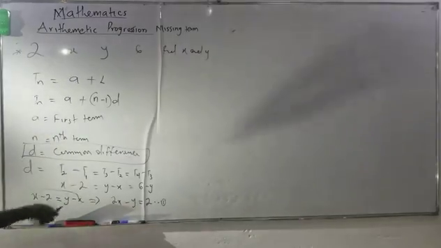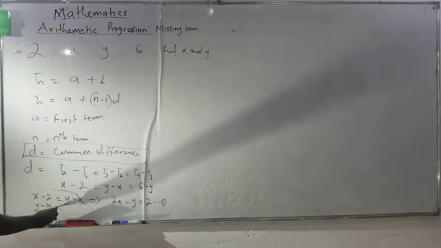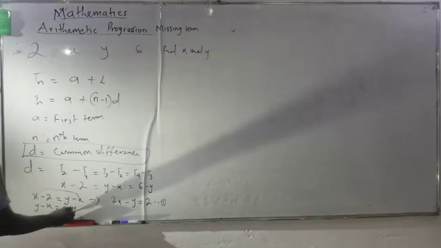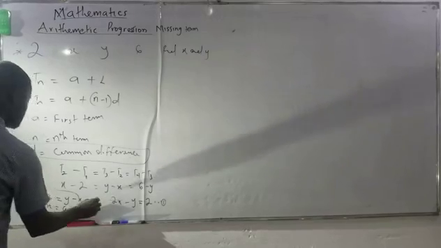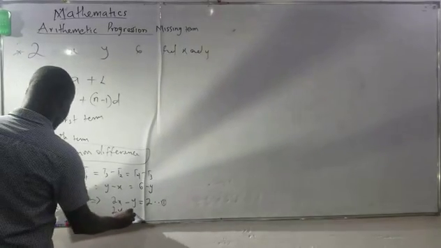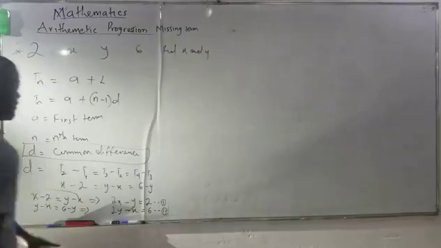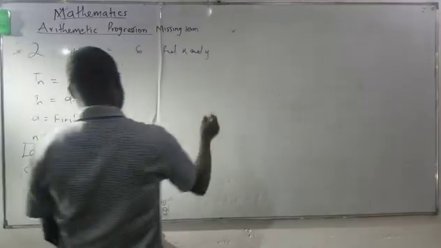Likewise, y minus x equals 6 minus y, which implies 2y minus x equals 6, equation 2.